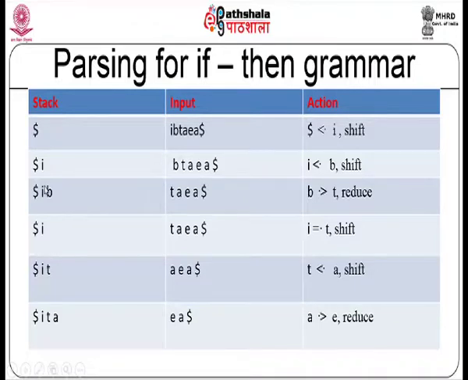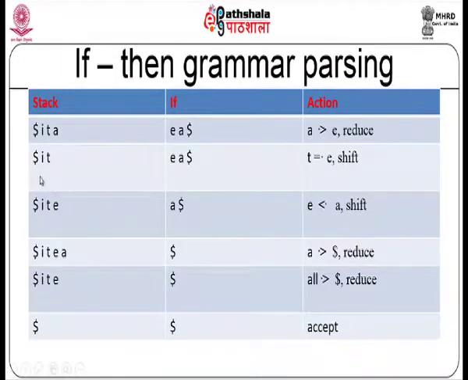Reduce means I pop the symbol, then i and t are equal, so I shift. a, again I shift. a is greater than e, therefore I reduce and pop the symbol a. Then i t, and t equals e, so I shift, and I go in a sequential manner. All the symbols i, t, e are greater than dollar, so I reduce and pop all symbols. Dollar is the accept situation.